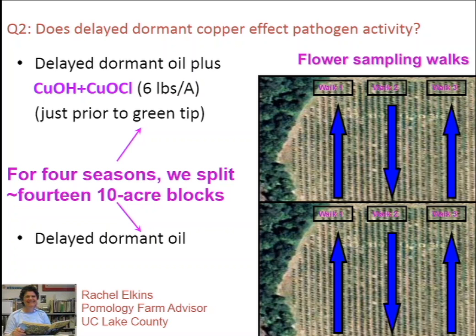However, if you're feeling brave and you are not so concerned about russeting, for example, if you're straight processing or russeting is not an issue for you for some reason, then the closer you move this treatment to flowering, the longer the benefit you're going to get from it. But for safety's sake, we chose the delayed dormant treatment, which is just before the green tip stage.